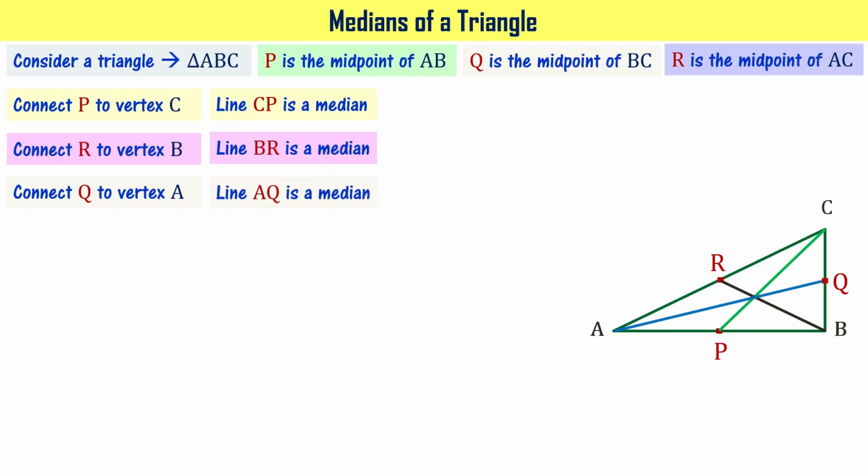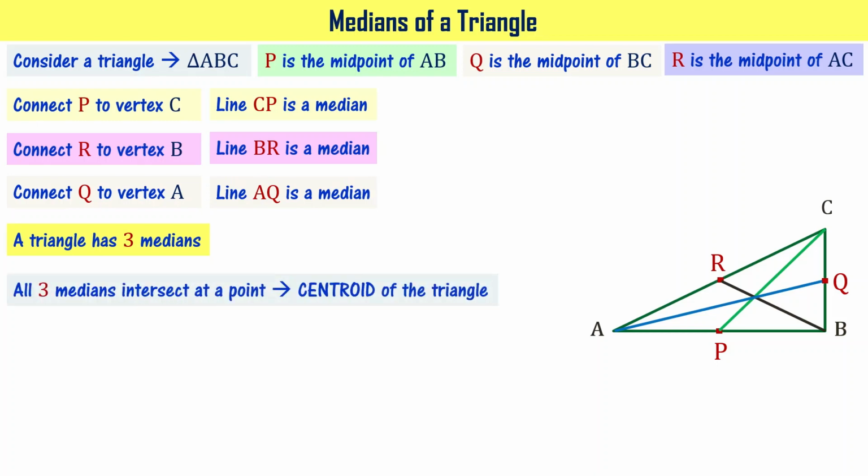As you see here, we have three medians corresponding to three vertices of a given triangle, right? And another interesting point is all these medians are intersecting at a point. I'm denoting that point as O, and that particular point is called the centroid of the triangle.